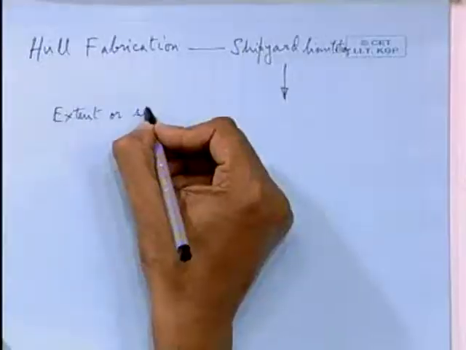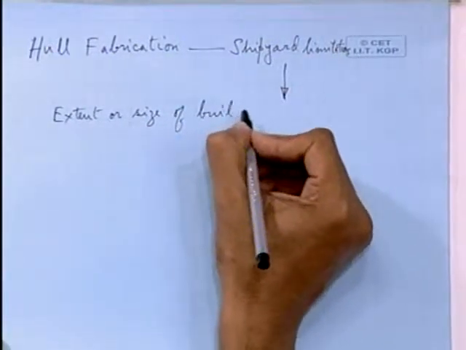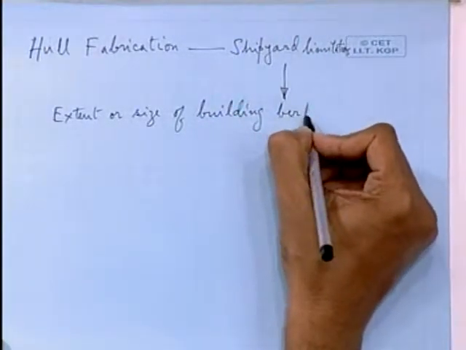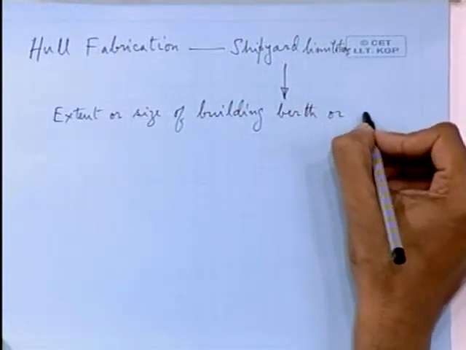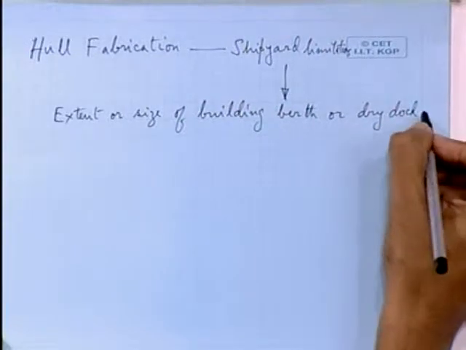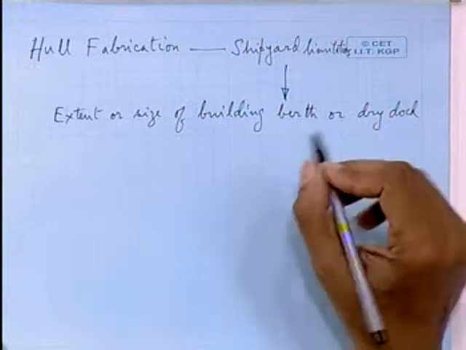Now shipyard limitations may be in the nature of the extent or size of your building berth or dry dock. So whatever size the owner proposes has to fit inside his building dock, isn't it?